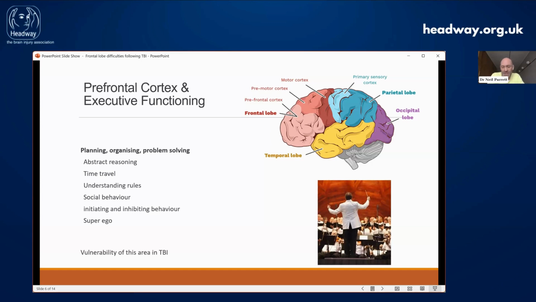It helps us to put together rules, particularly within social behavior, and make sense of the very complicated social worlds that we have built through our evolution. And I suppose another key area is the ability for us to initiate and inhibit instinctual behaviors, something that other mammals don't do to such a great degree.